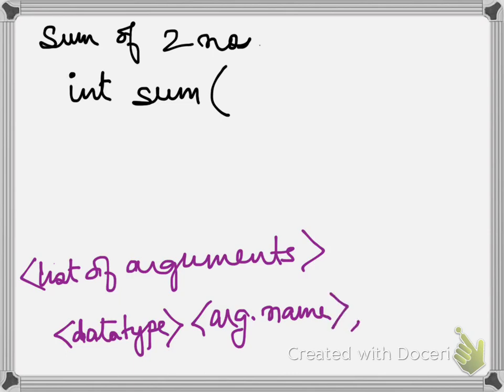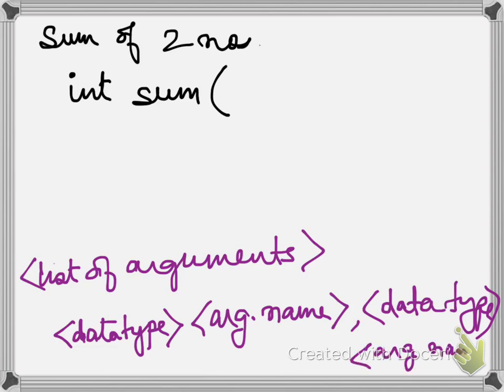If there is any more, then again data type, argument name, and so on.